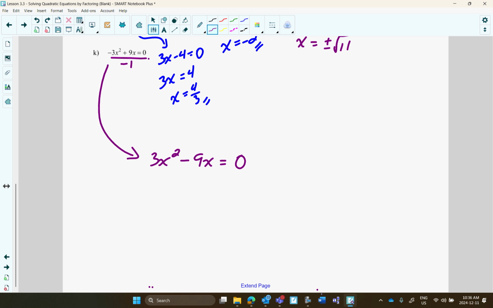It's not a trinomial. It's not a difference of squares. It's got to be a GCF. What can I take out? The x, and I'm left with 3x minus 9.